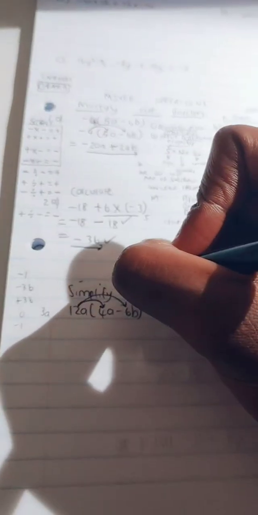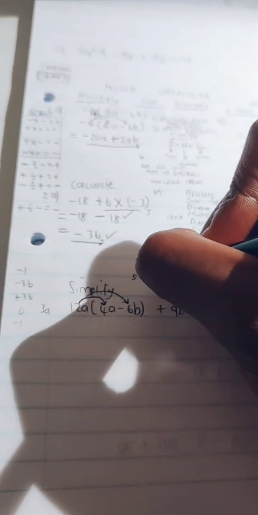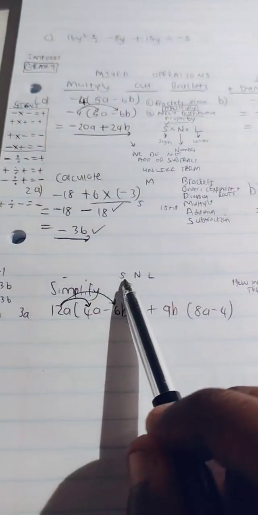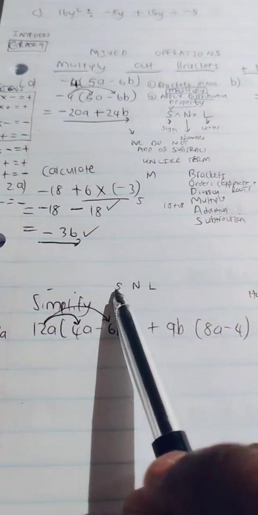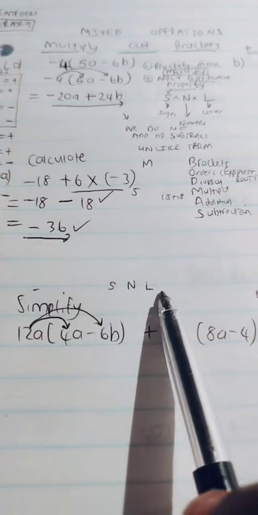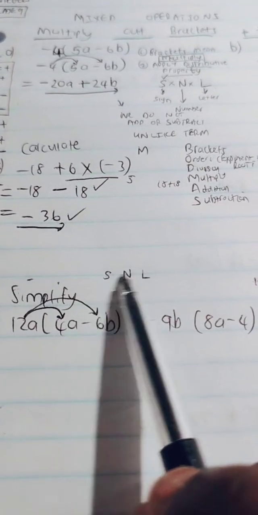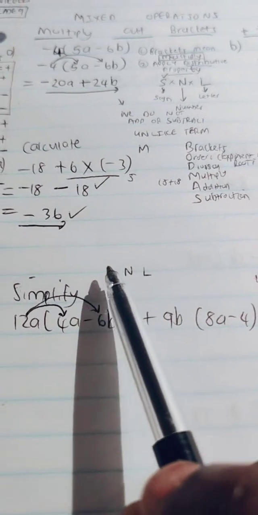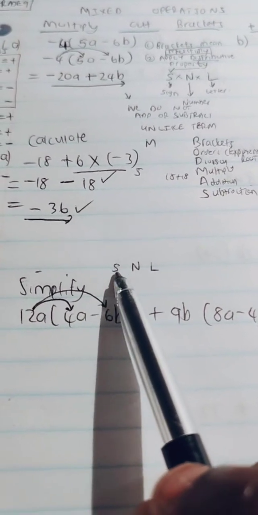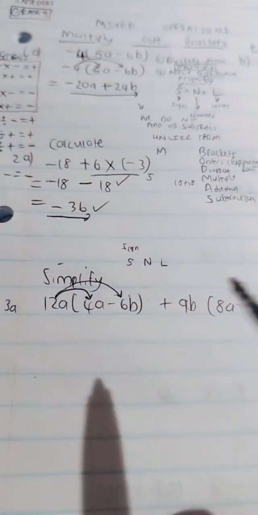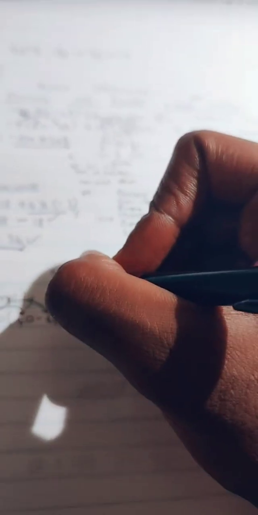Remember, when we multiply: the sign, the number, the letter. Remember these signs in the movies, guys. Don't watch these movies. So every time you see these signs: S, sign, you multiply the signs. N, number, you multiply the numbers.